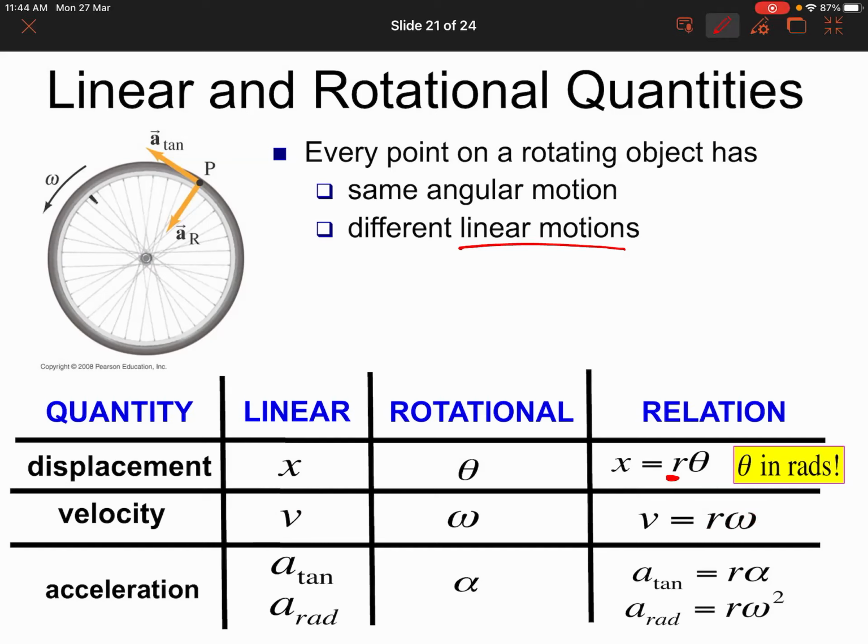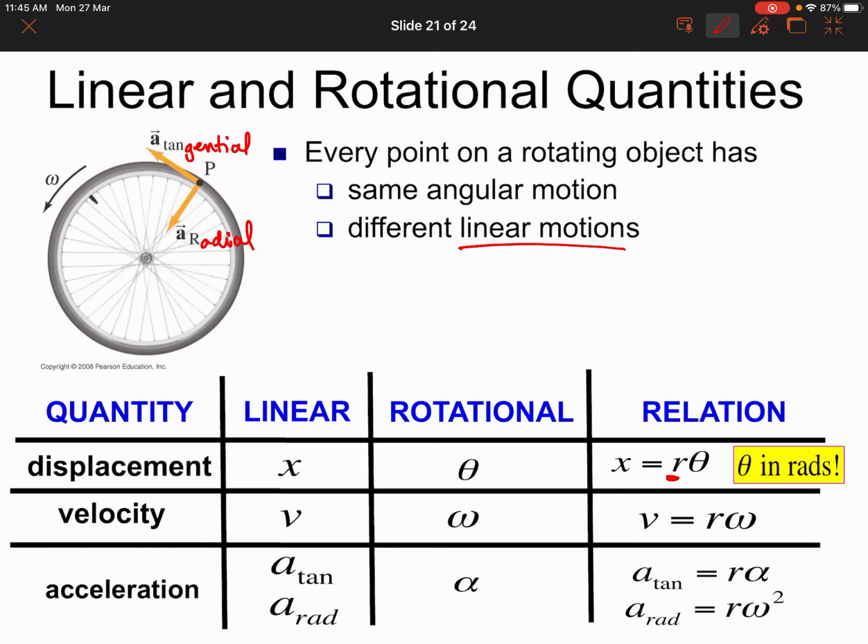velocity. And the acceleration is a little bit more complicated, because there are two kinds of accelerations. You have the tangential acceleration, that's tangent to the point, and as we learned before, if an object is undergoing circular motion, you have the radial acceleration. The tangential acceleration depends on the radius times the angular acceleration.